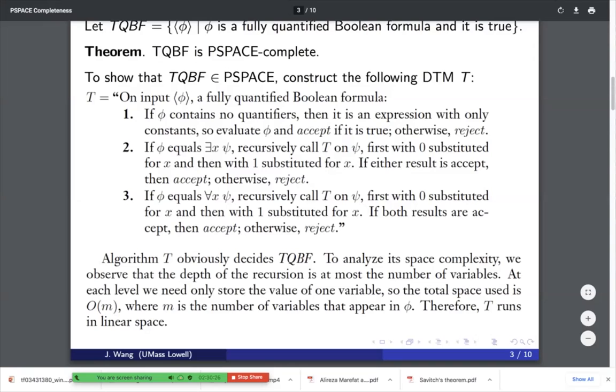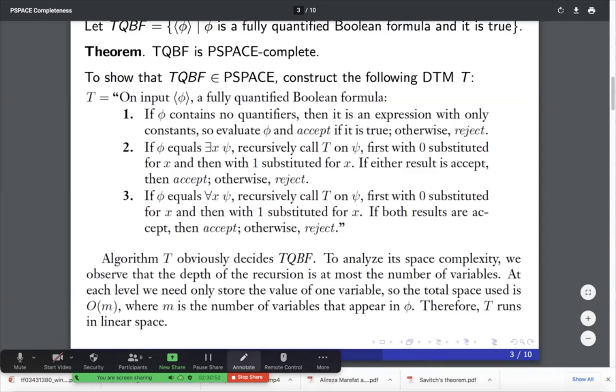One, we want to show TQBF is in PSPACE. The second, for any problem in PSPACE, that problem can be many-one reducible, or can be reduced in polynomial time, to TQBF.